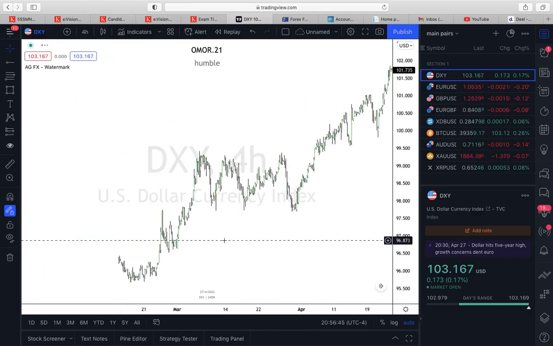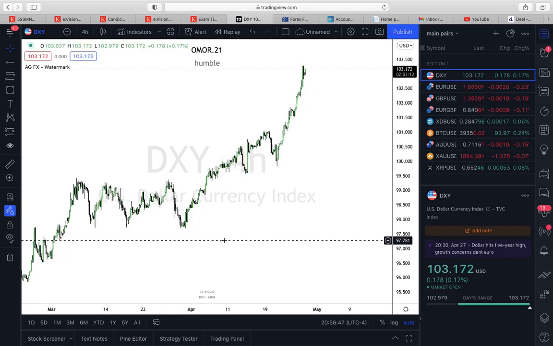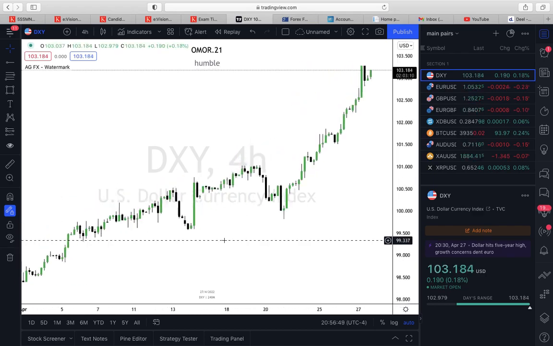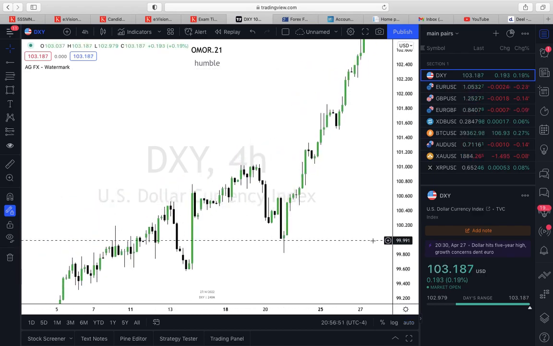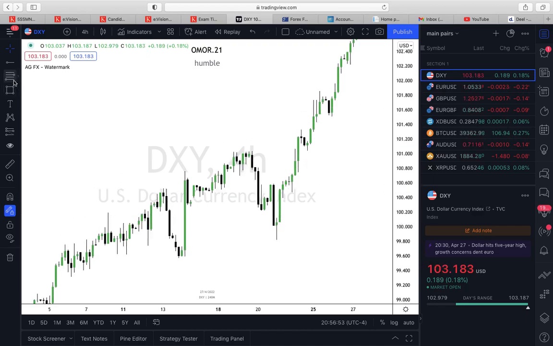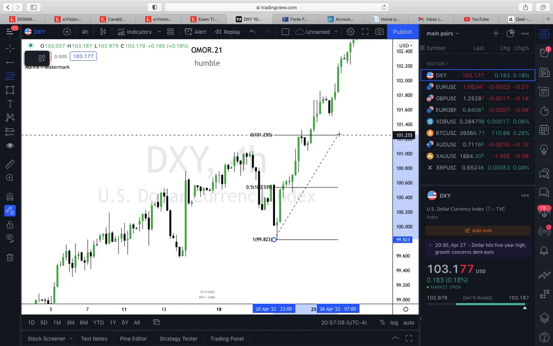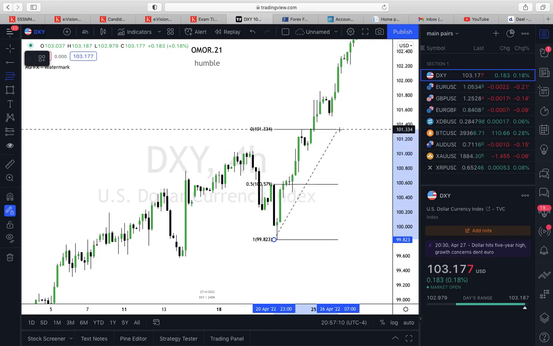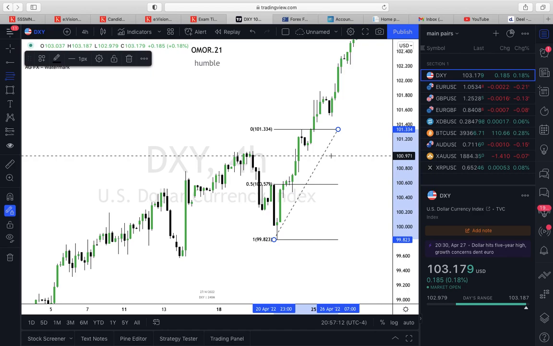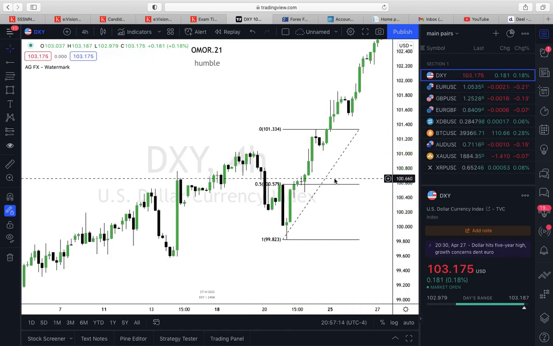So let's find the price range. This low, and we can all agree that this candle was a high, right?